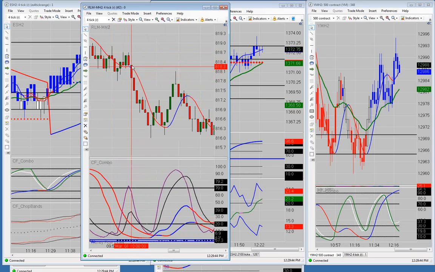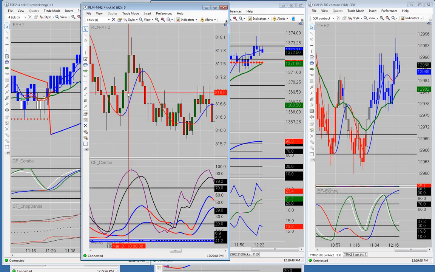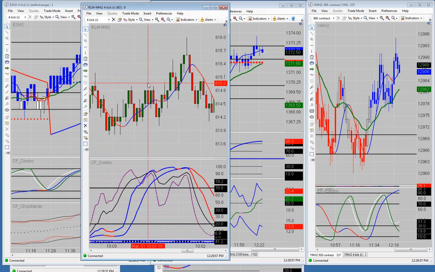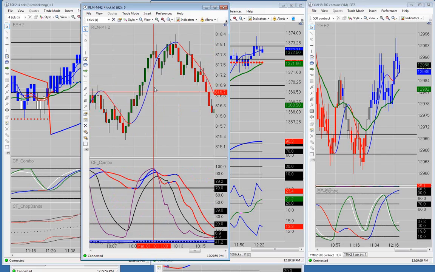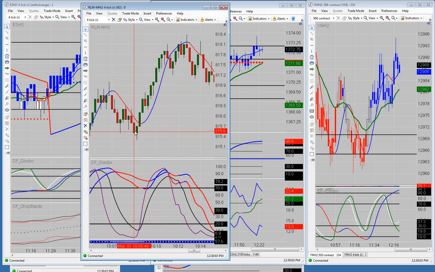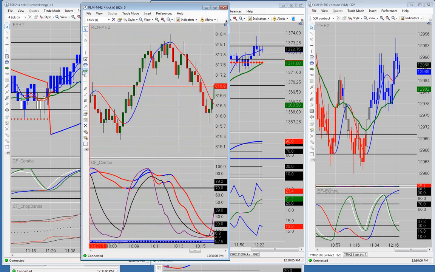Then there was another short in here. I went short in here, and I made some of it back. I went short again over here. I made some of it back, and then I didn't do anything for a while here. Okay. I mean, there were plenty of trade setups in here. There were a lot of opportunities in here, but I didn't do anything in here.